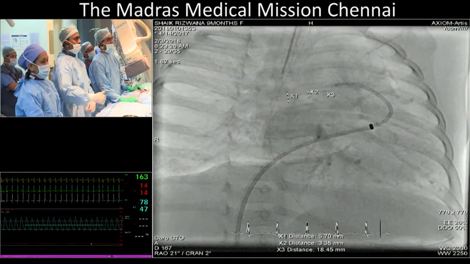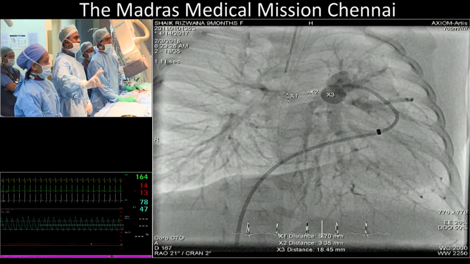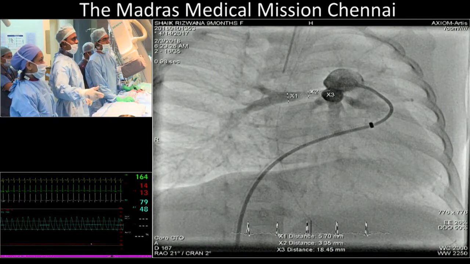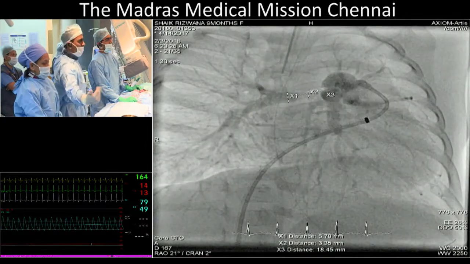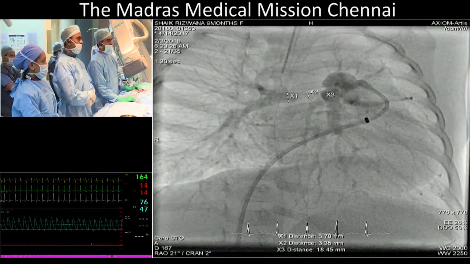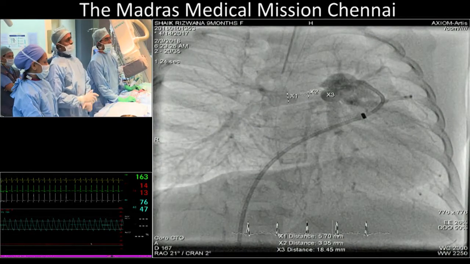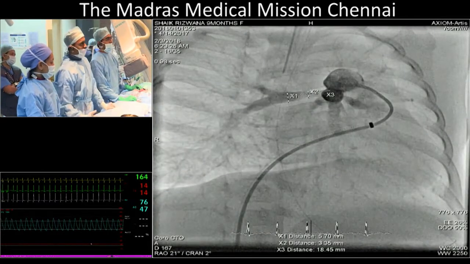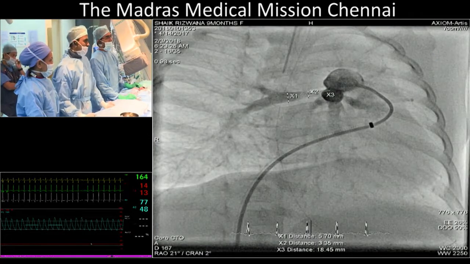Shaq, you are able to see the images? Yes, we do. The length of the narrowing before the hilar bifurcation seems to be somewhere around 18 millimeters.